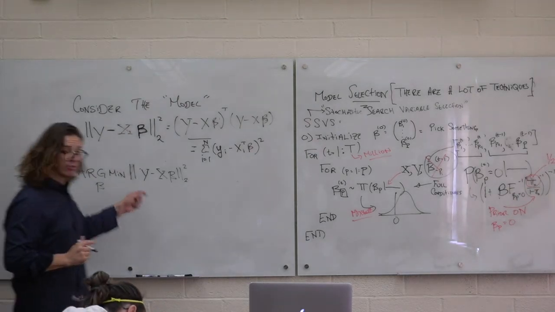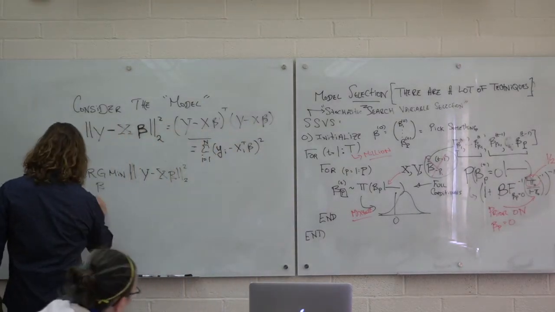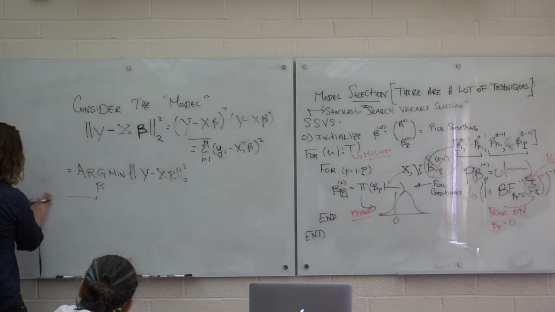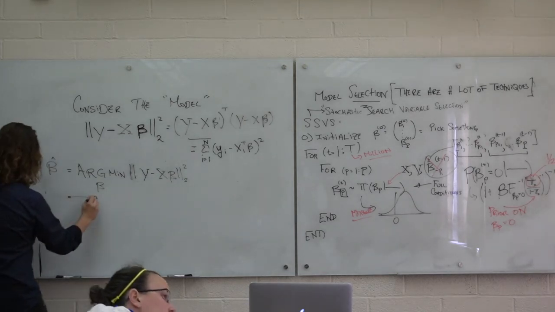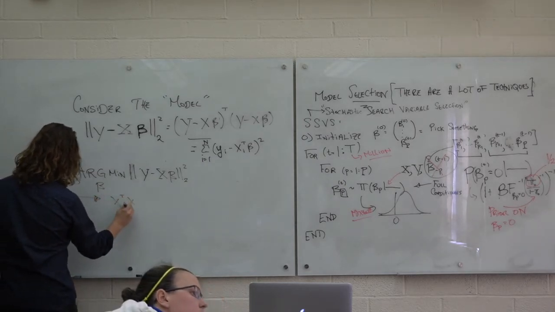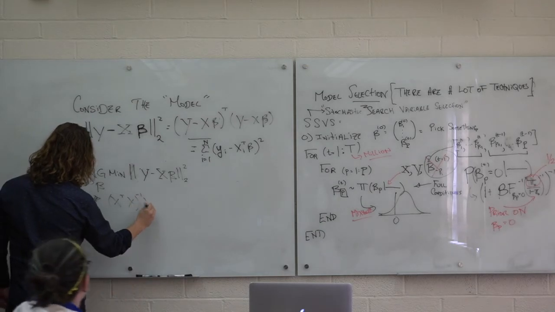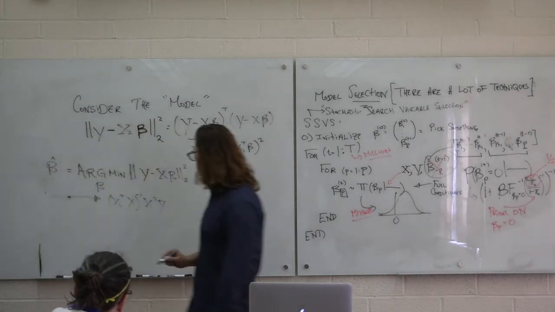Now, sometimes this solution exists, and when it does exist, the solution, beta hat, is x transpose x inverse x transpose y. And this is just a calculus problem.